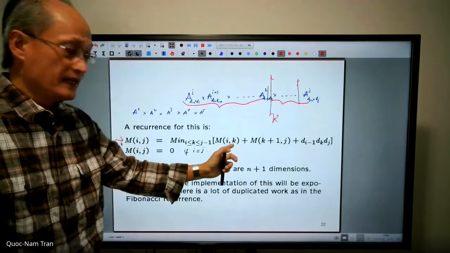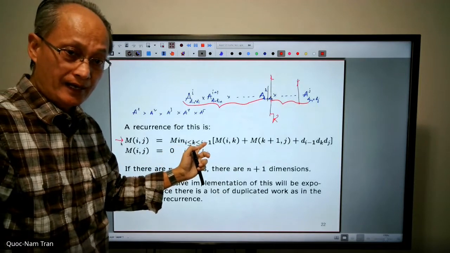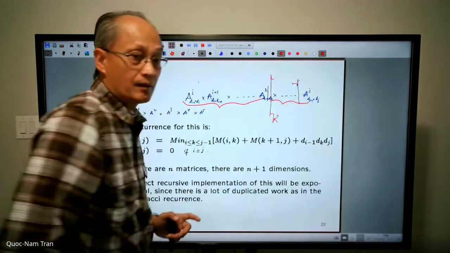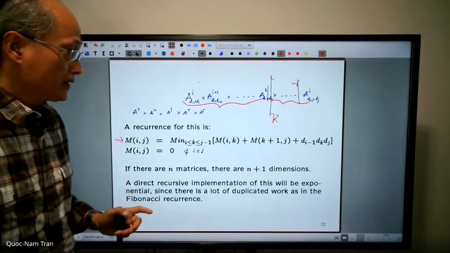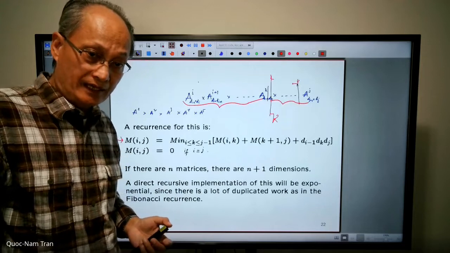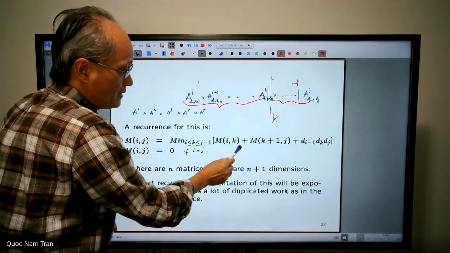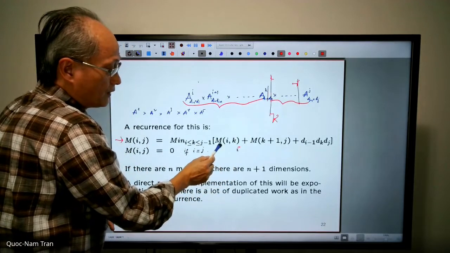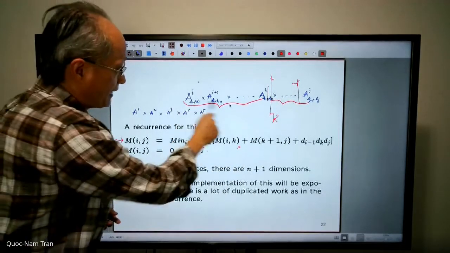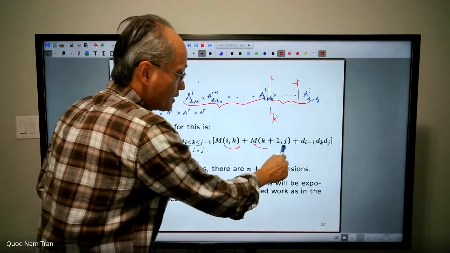If we cut it at K, where K is between I and J minus 1, then we simply find out the minimum cost for doing that. The minimum cost, if we cut it at K, will be the minimum cost for the subsequence from I to K, and from K plus 1 to J.